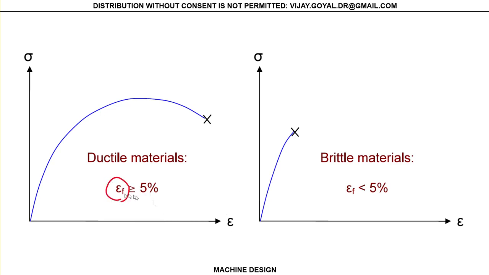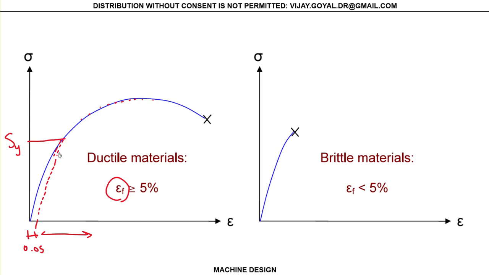And if it's bigger than 5%, what you're saying is that if this is sigma yield, right? This is sigma yield, then you can draw a line here, this value right here, that's 0.05.